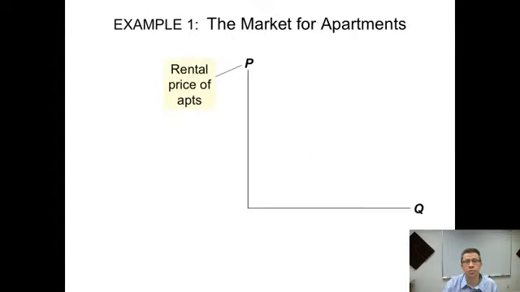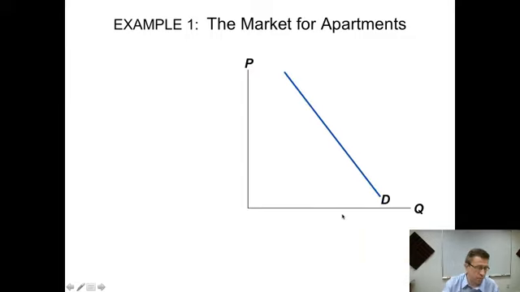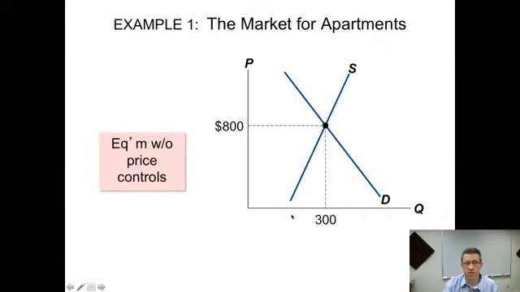Market for apartments. Price on the y-axis, quantity on the x-axis. And this is rental price for apartments and quantity. And suppose that in an unrestricted market, we have the price at $800 and an exchange of $300. So that's our equilibrium without price controls.